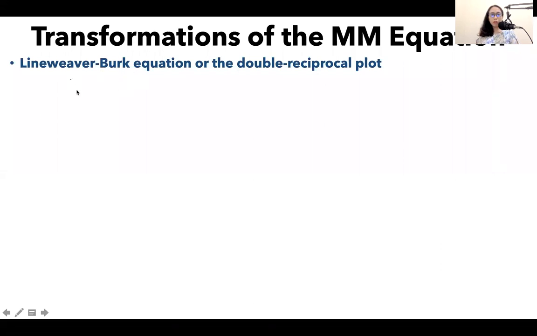Starting from our Michaelis-Menten equation, we take the reciprocal of the two sides of the equation.